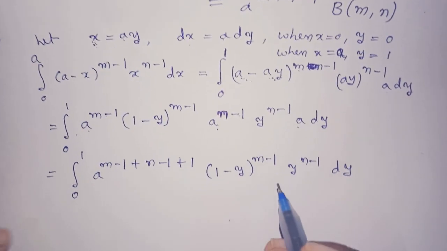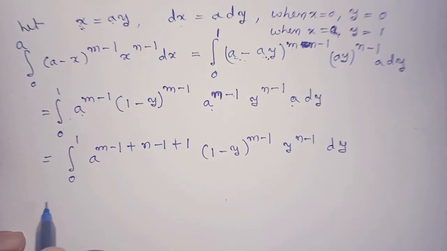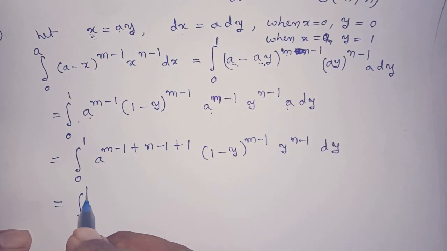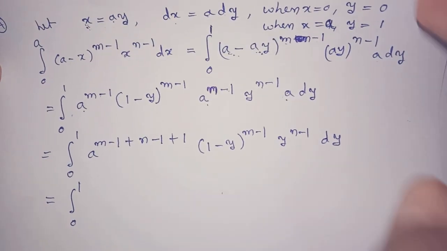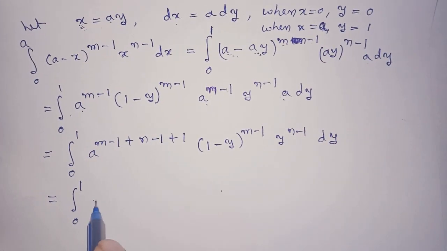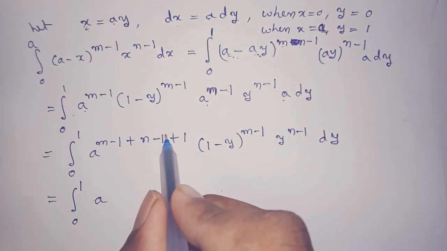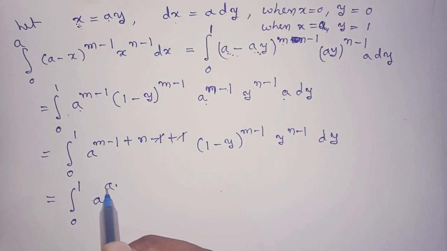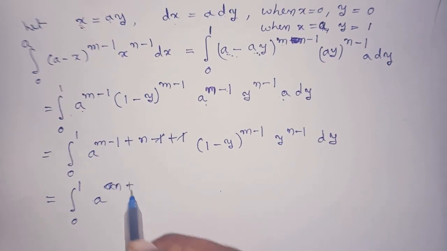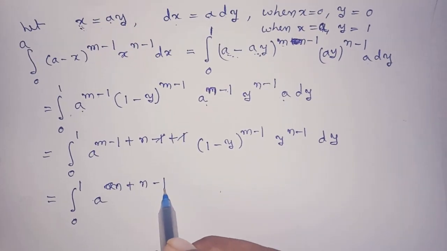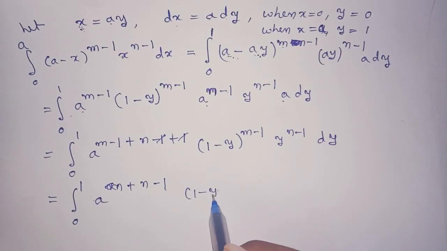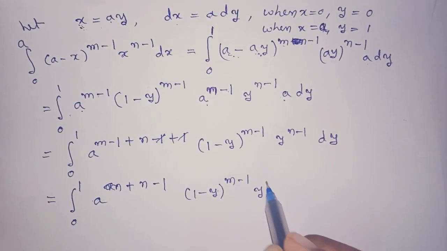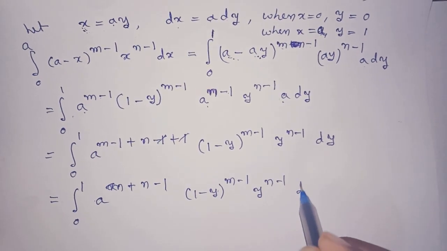Which is equal to the integral within limit 0 to 1 of a to the power of m plus n minus 1, as minus 1 plus 1 cancelled, into 1 minus y to the power of m minus 1, y to the power of n minus 1 dy.